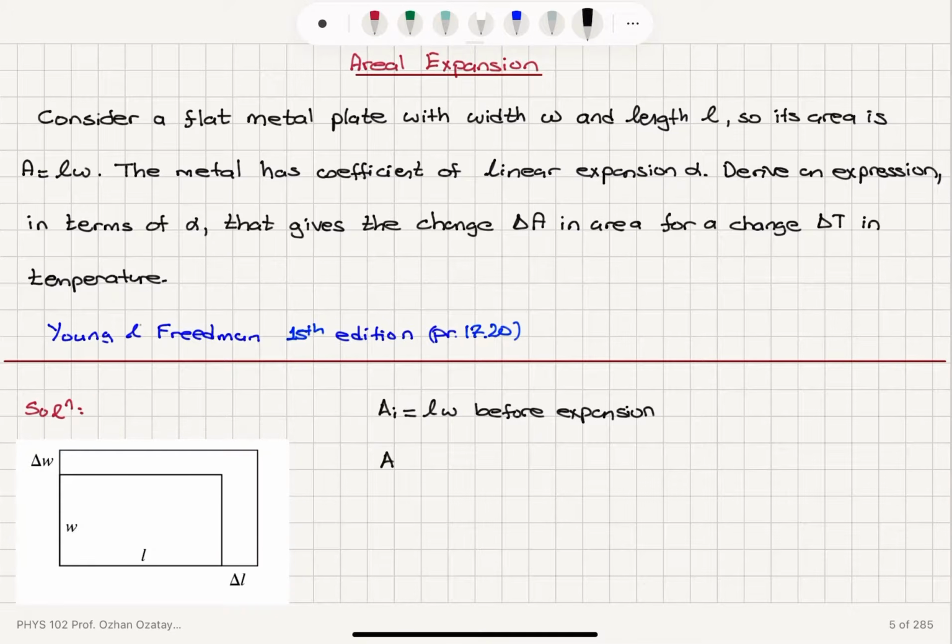Then we have a final area, L plus delta L multiplied with W plus delta W. And delta L, the increase in the length, will be given by the rule of thermal expansion, coefficient of linear expansion alpha, L delta T, and the change in the width delta W will be equal to alpha times the initial width W times delta T. This is for one-dimensional expansion.